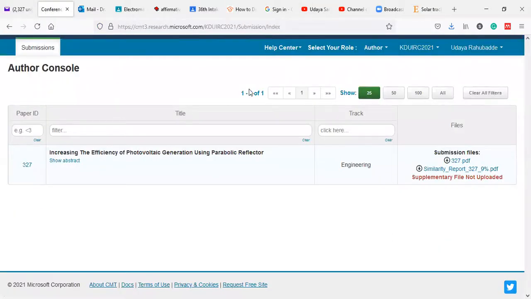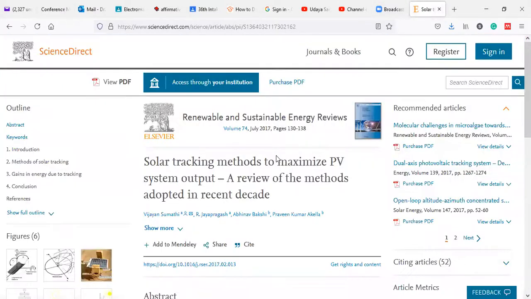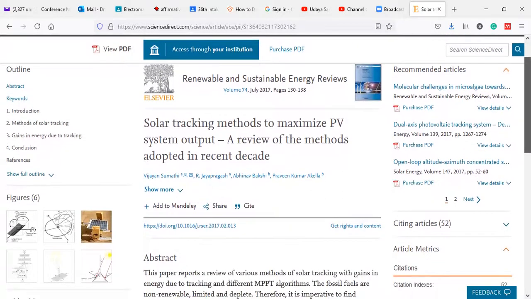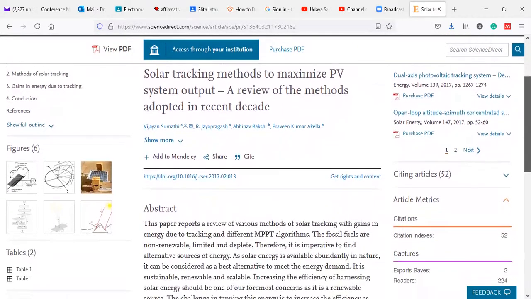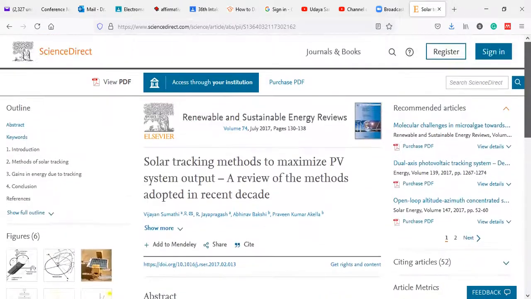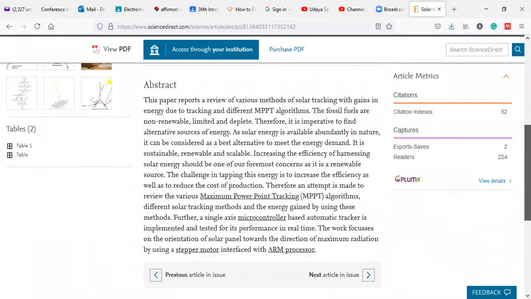Did you see it? Solar panel. In this paper, you can download the full paper and go to the introduction part.